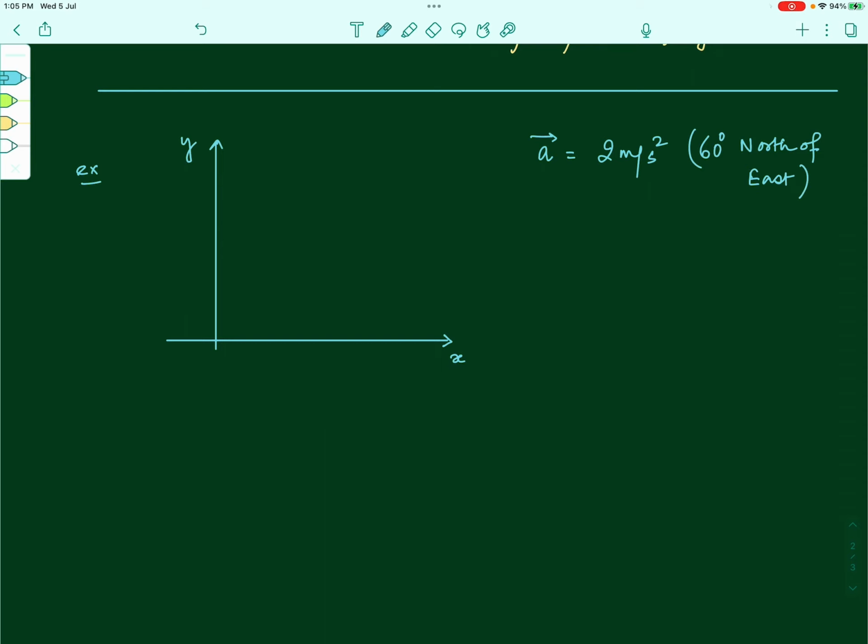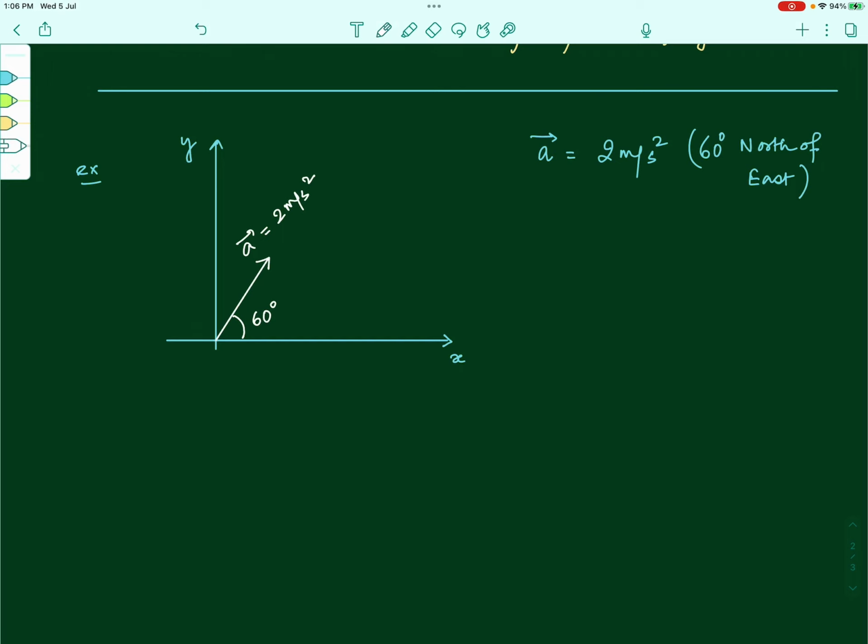Do we understand what this acceleration is? This acceleration will look like this. Acceleration vector is 2 meter per second squared and making an angle of 60 degrees towards north of east. Understand that this is the eastward direction, so making an angle of 60 degrees towards north here means this angle should be 60, right? So this angle here is 60 degrees. This is what we are talking about as the acceleration.